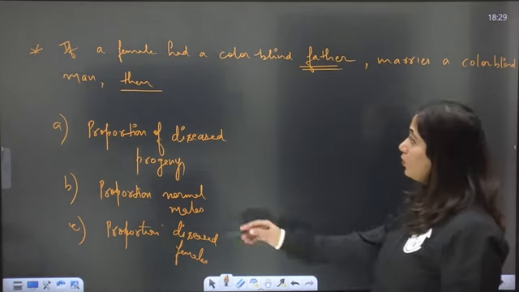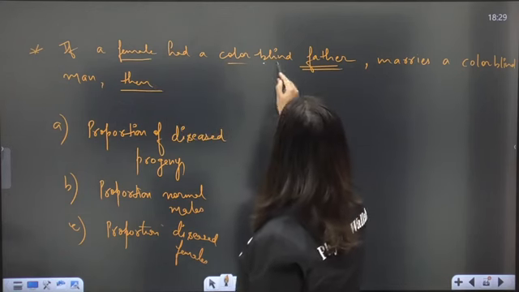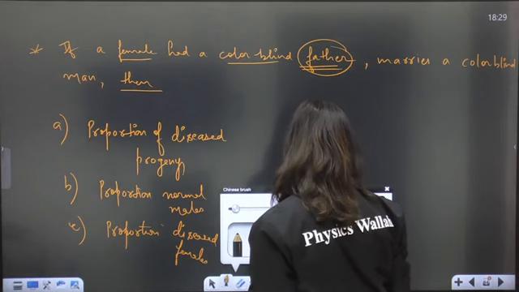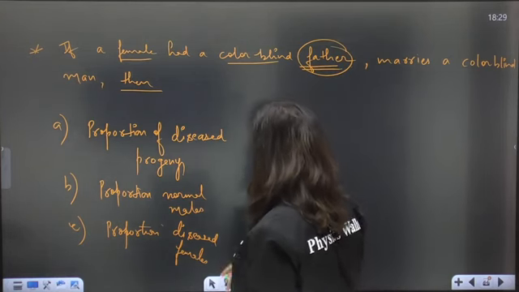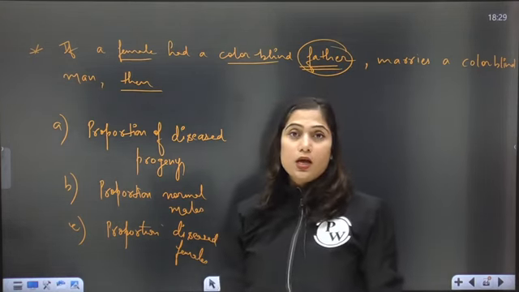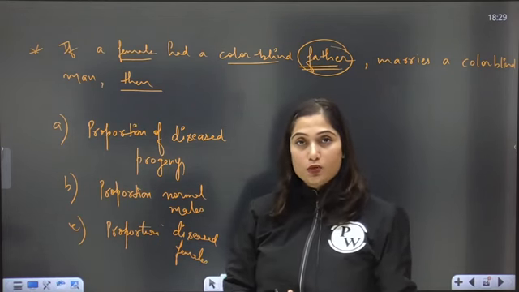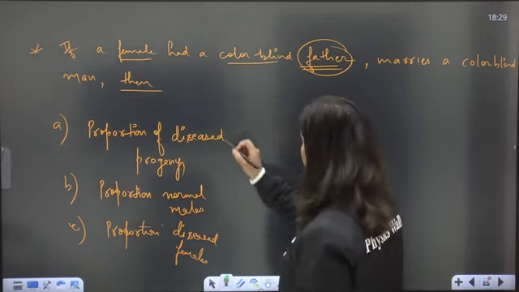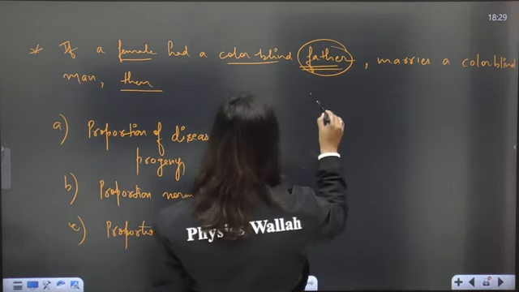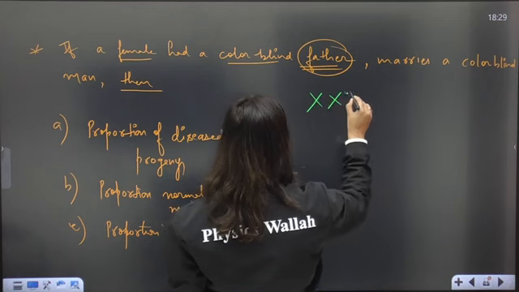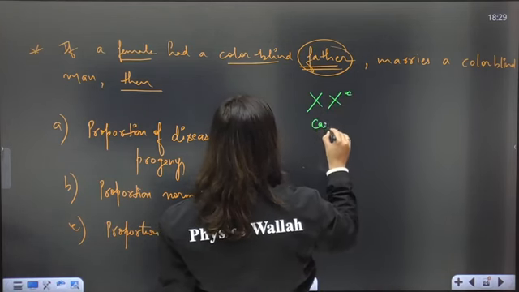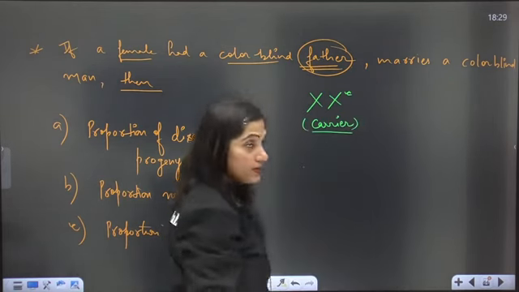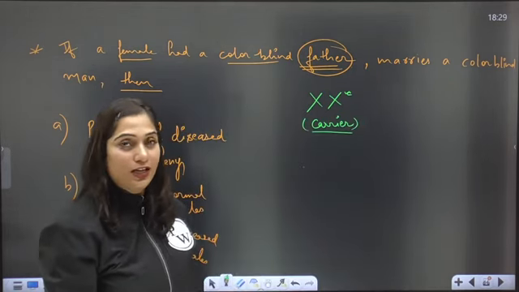So we know that the female had a colorblind father. That means this female would be a carrier, because in a female, one X chromosome comes from the mother and the other X chromosome comes from the father. Carriers are normal. They do not show color blindness, but they carry the gene for color blindness.